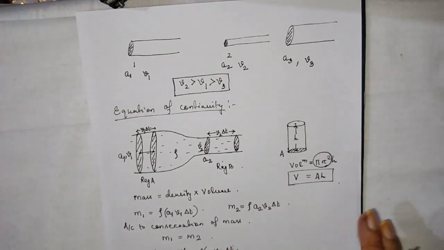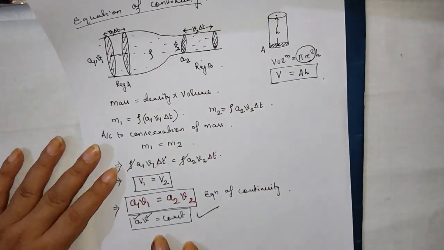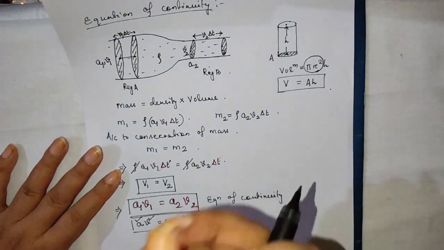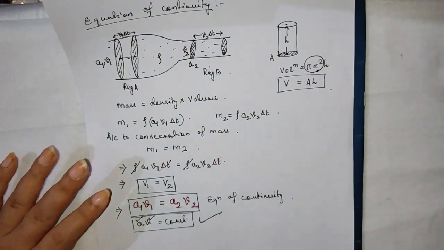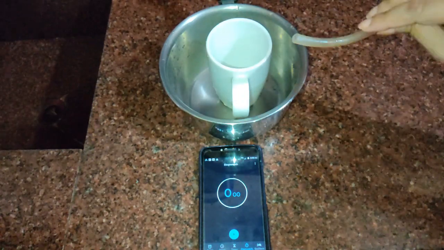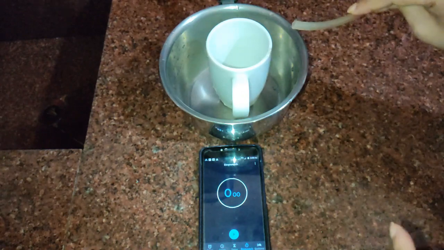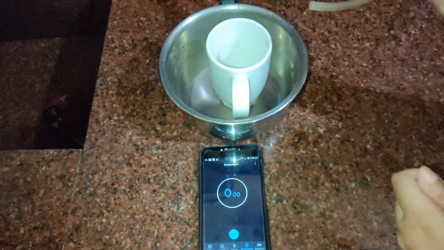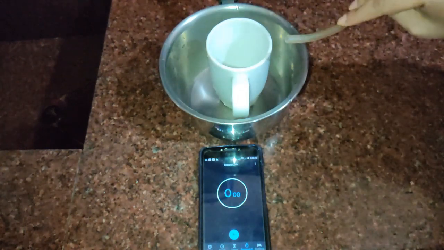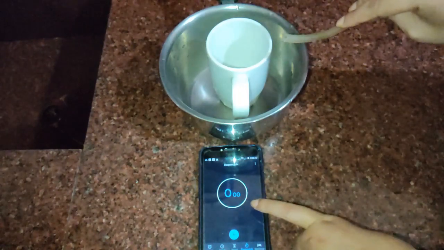Let's see another video and try to understand this. V1 is equal to V2. That means the volume of the water remains constant. Try to understand it. Now all of you see another thing that I have explained in the formula that I am going to show you. I have a container in the form of a cup, and this is a stopwatch I am using.